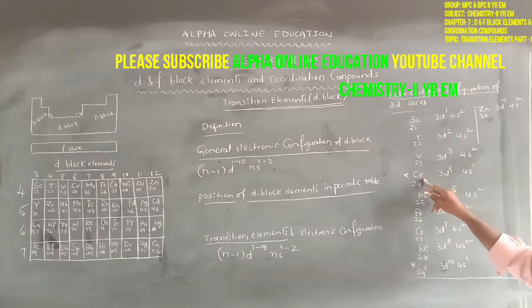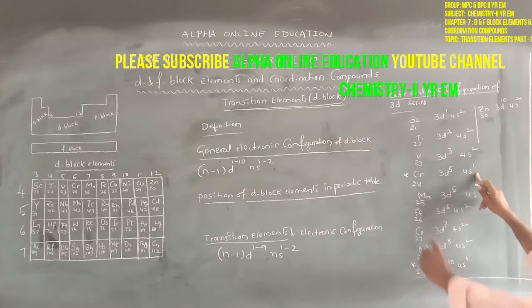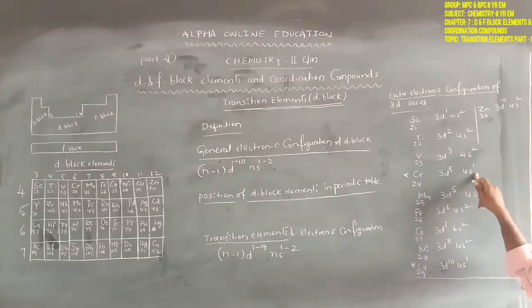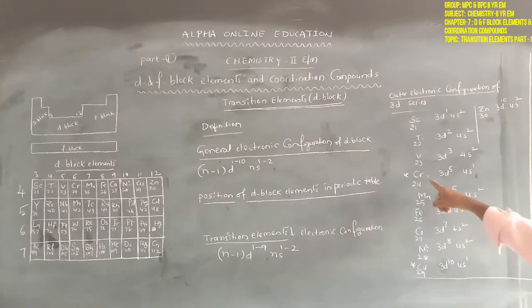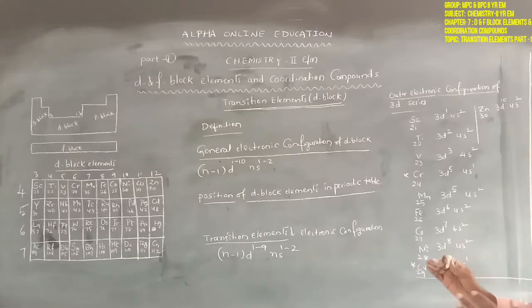Then chromium exhibits an anomalous electronic configuration. What is meant by anomalous configuration? In general, atoms of elements are more stable when the orbitals have a completely filled or half filled configuration.